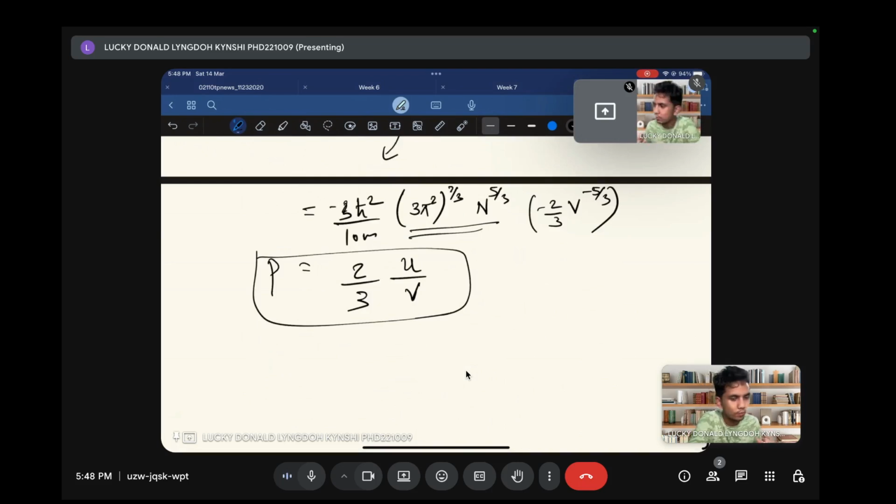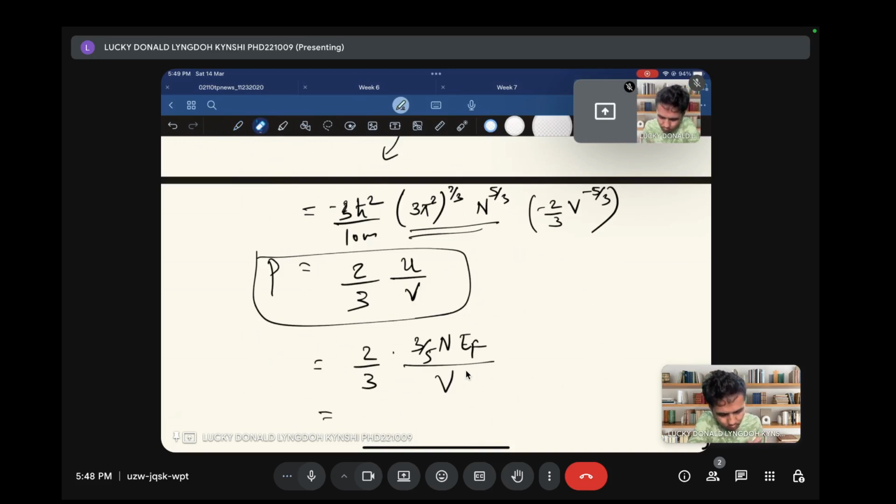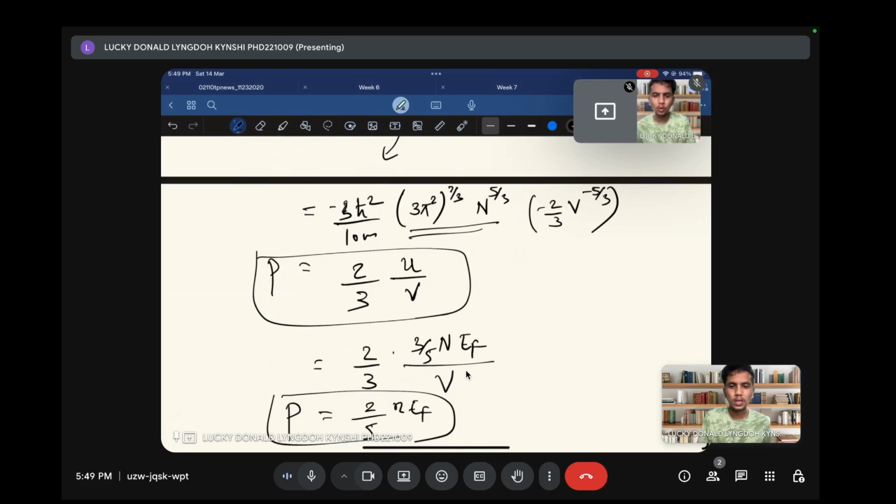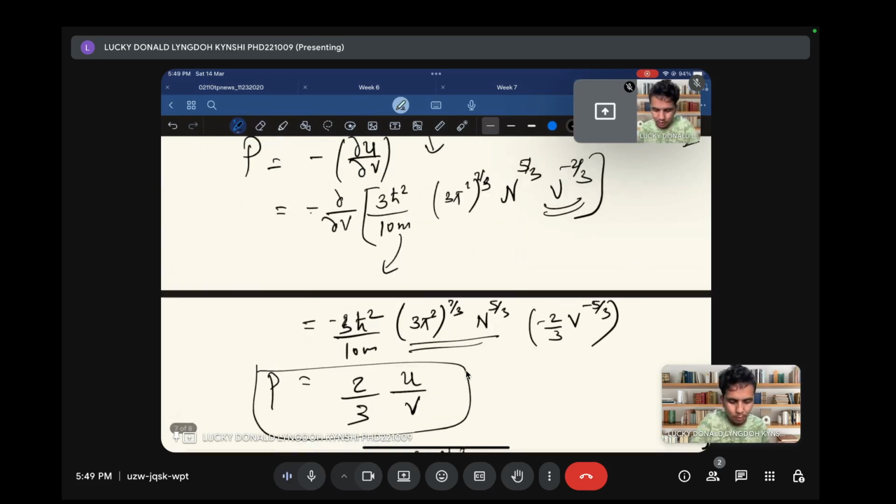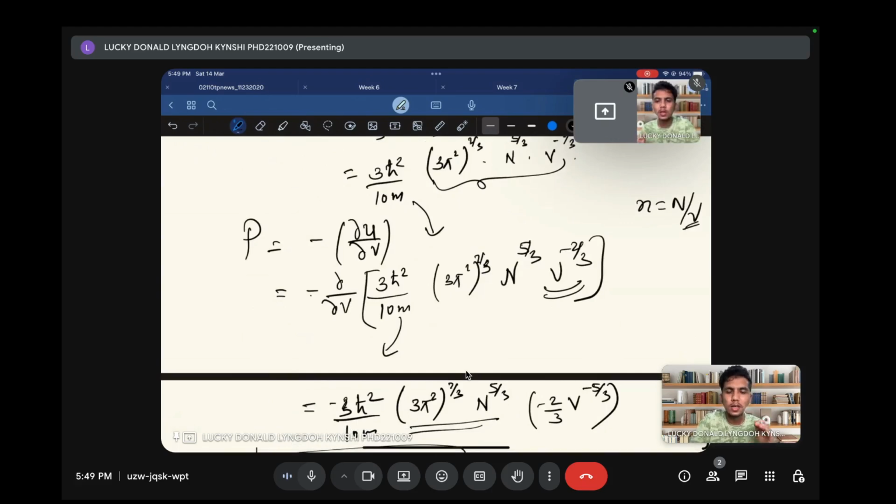If you want to express it in terms of your Fermi energy, you can write 2 by 3, and U is 3 by 5 N EF, and this is V. So you can simply get 2 by 5, because 3 and 3 get cancelled, N into EF over V. If you want to express pressure in terms of your Fermi energy, you can calculate it this way. Remember that the formula to calculate the pressure is minus ∂U by ∂V. That is the most critical point. So if you know the formula that you need to use, you can easily calculate the energy U.